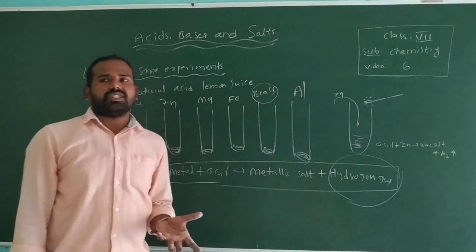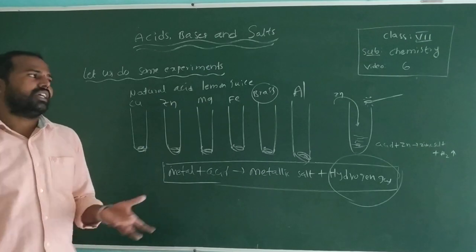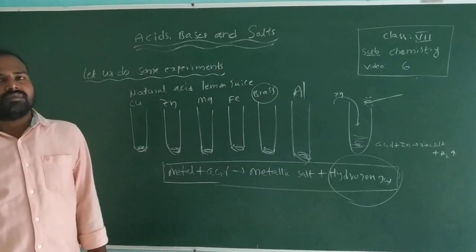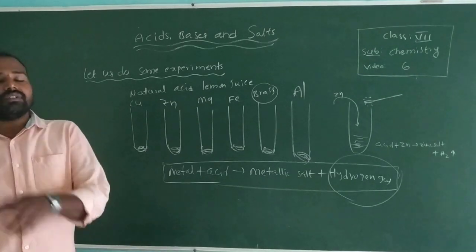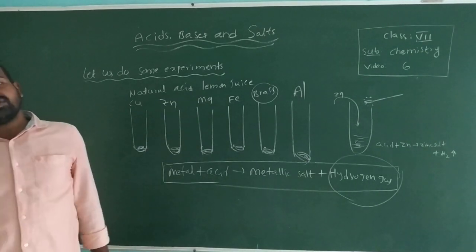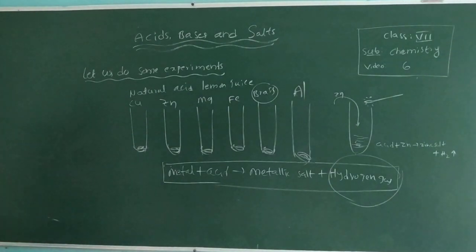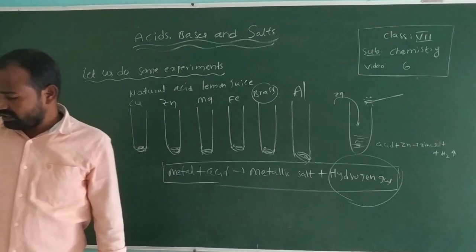Because hydrogen is lighter in weight. That's why it can move to heights in the sky. That's why it is used in weather observation balloons or for decoration. So hydrogen gas was discovered by Henry Cavendish.